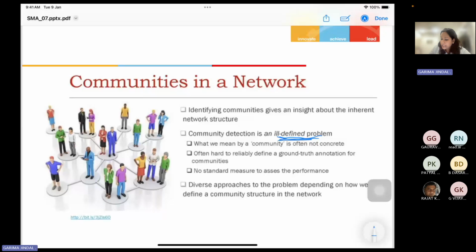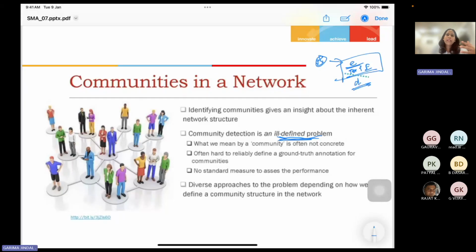The definition of density is the number of actual edges. If we are trying to identify the density of a group, the density of the group will be the actual edges that are there in this group divided by the total number of possible edges. Okay, so this is the definition of density.